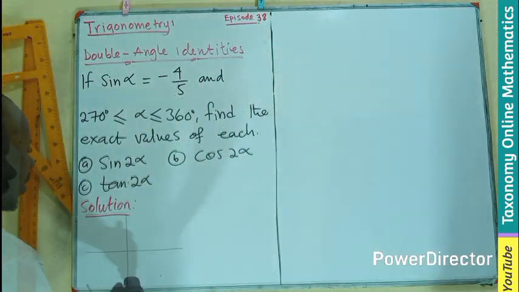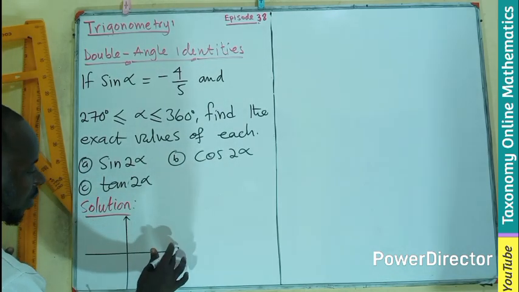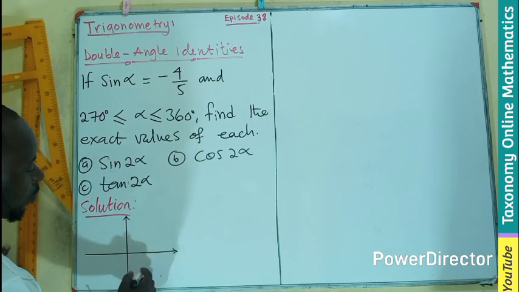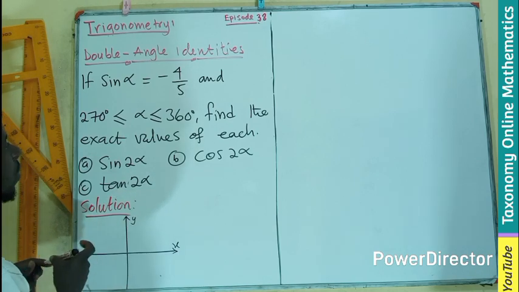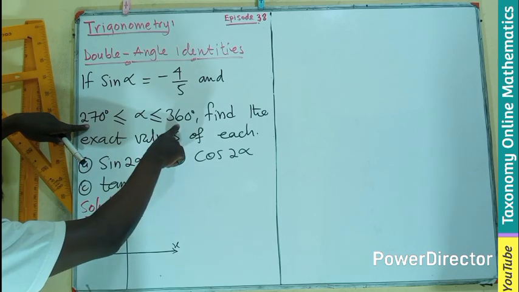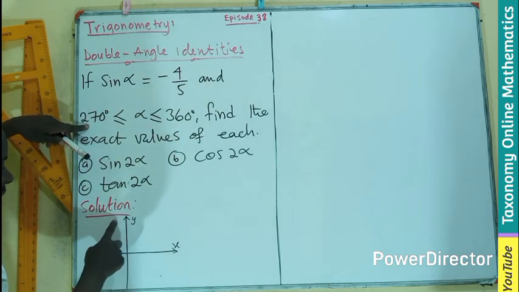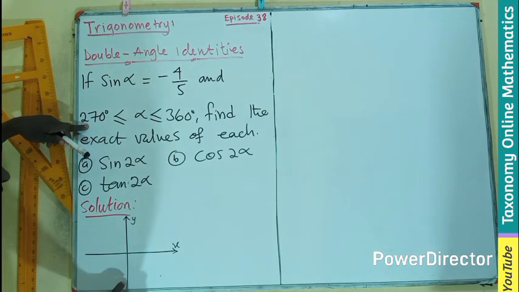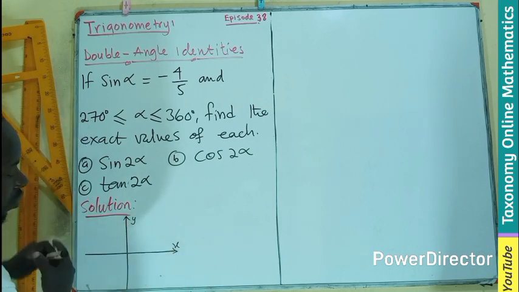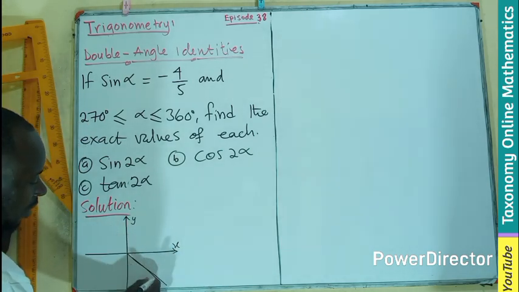If we say our y is negative and our x is positive, right? Now, this is in the fourth quadrant: 0 to 90, 90 to 180, 180 to 270, 270 to 360. So the point is going to be somewhere here.